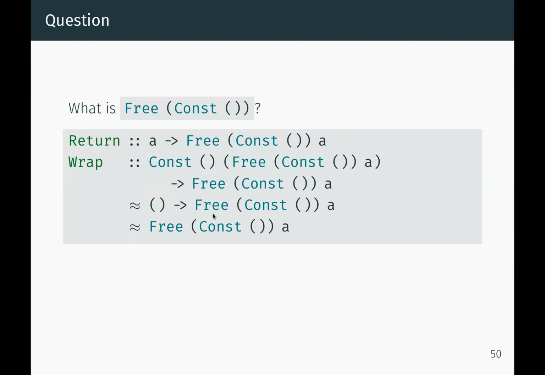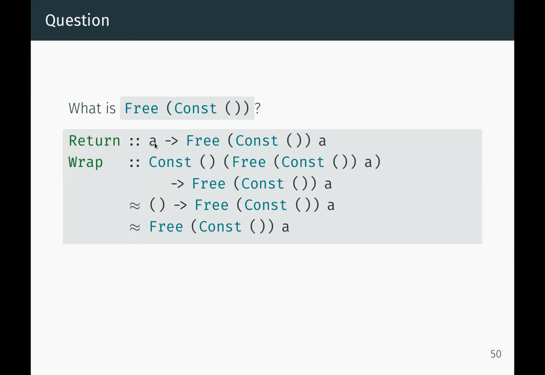Does anybody have a guess what well-known monad that is? All you have is these two ways. There's one specific element that you get from wrap, and then there's return.